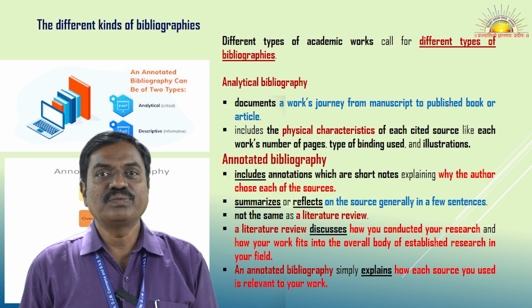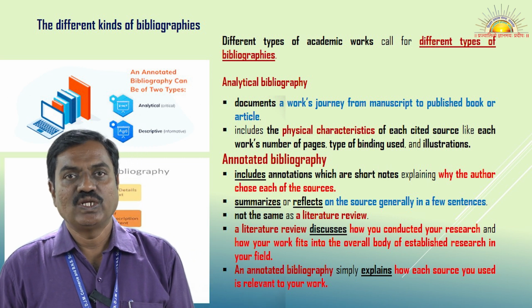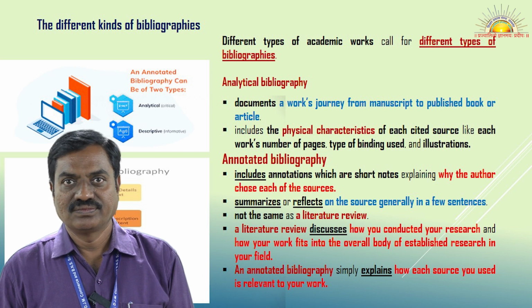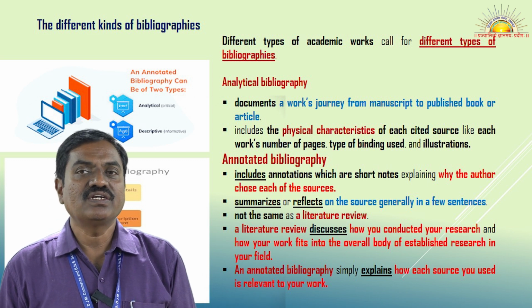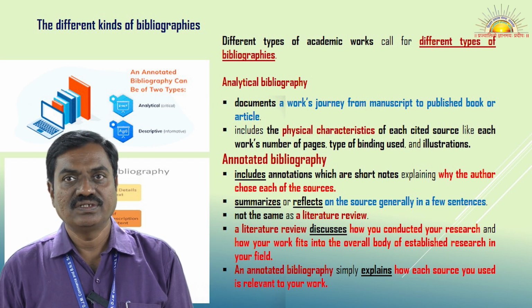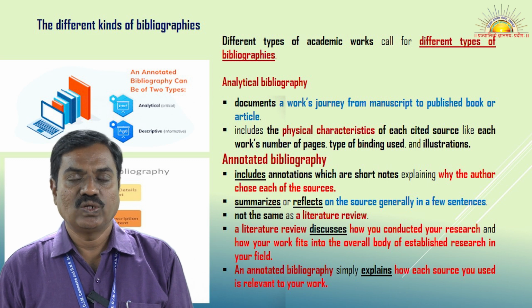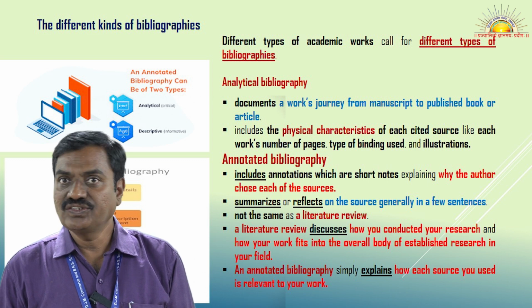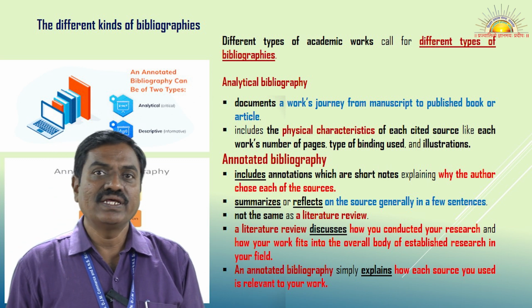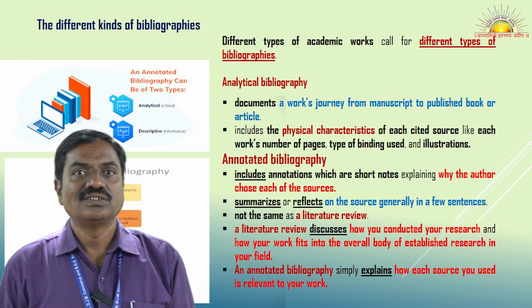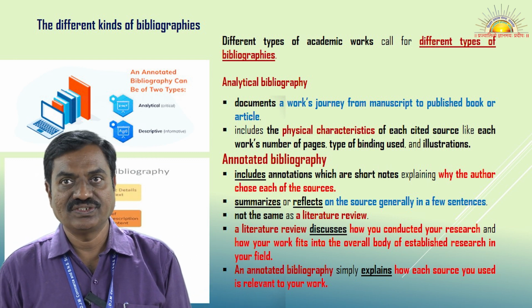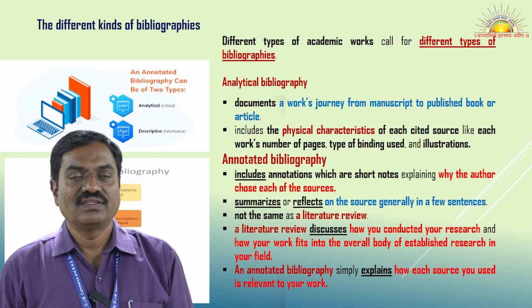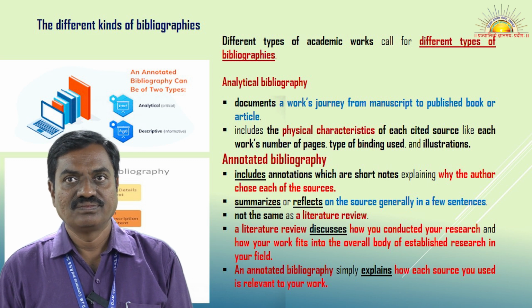The next type of bibliography is annotated bibliography. An annotated bibliography is a bibliography that includes annotations. Annotations are short notes explaining why the author chose each of these sources. Generally, they are a few sentences long. These notes might summarize or reflect on the source.